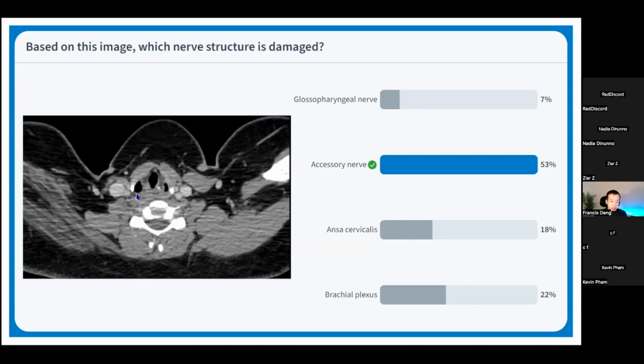In this case, the patient did have a 10th nerve palsy as well. This is actually the same patient as the prior case with the jugular foramen meningioma. And this patient had cranial nerve 9, 10, and 11 palsies. And what is most prominently being shown is the 11th nerve palsy here, but there was also some imaging evidence of a 10th nerve palsy.